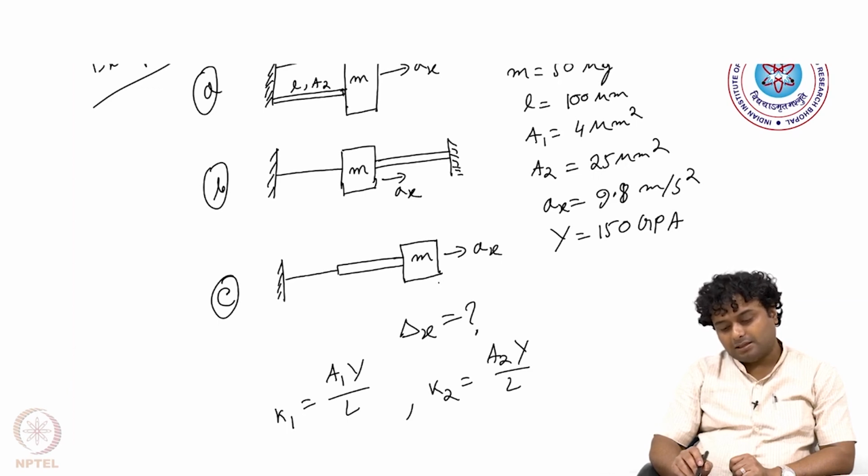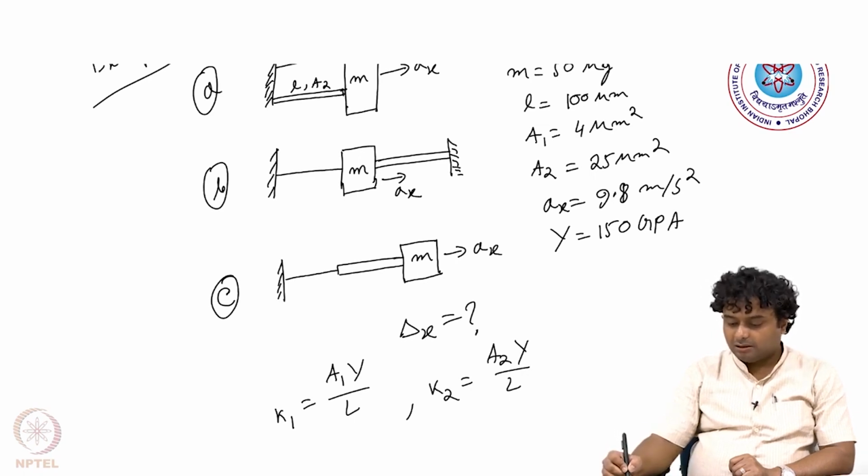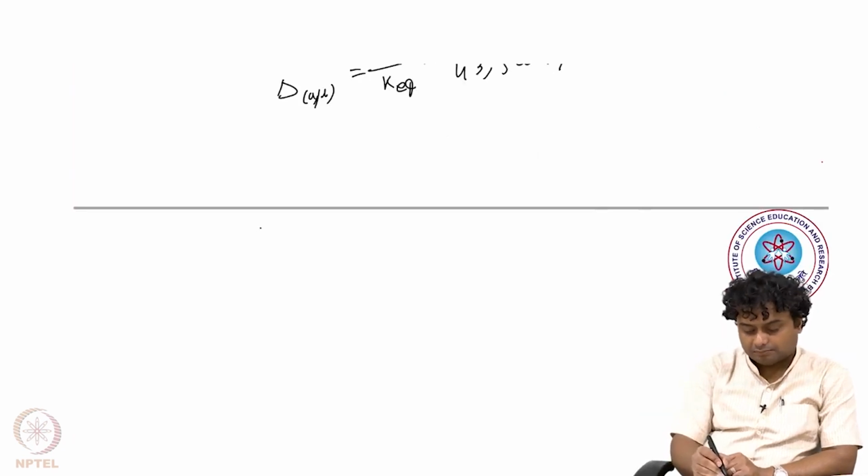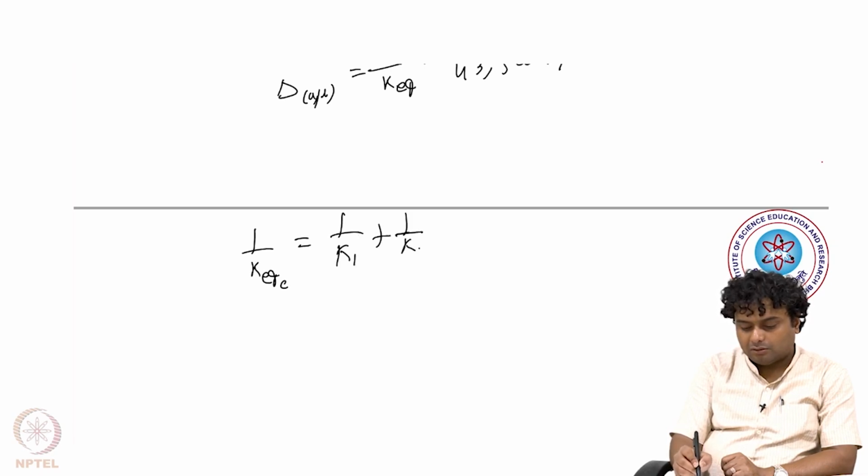Now, for the C case, this is in series, because the same force is applied, but the deflection is different. So, if the equivalent spring constant is K equivalent C, then we can write that K equivalent C equals 1 by K1 plus 1 by K2.